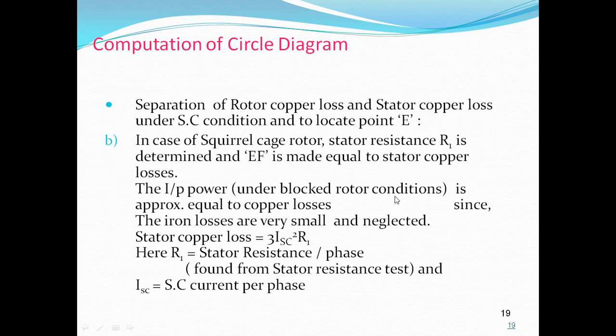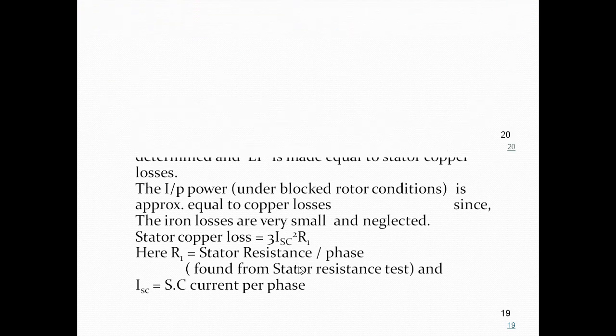The input power is approximately equal to copper losses under locked rotor condition, where iron losses are small and neglected. So stator copper losses is equal to 3 Isc square R1, where R1 is the stator resistance per phase and Isc is the short circuit current per phase.